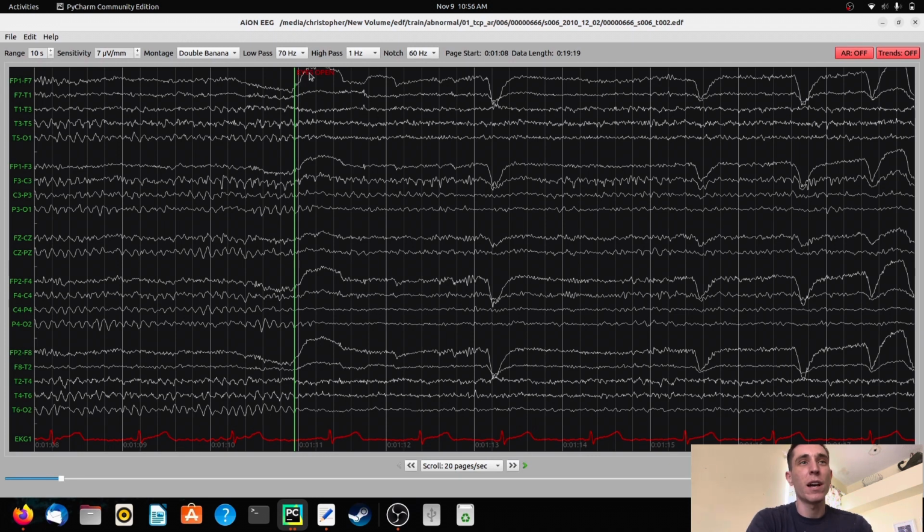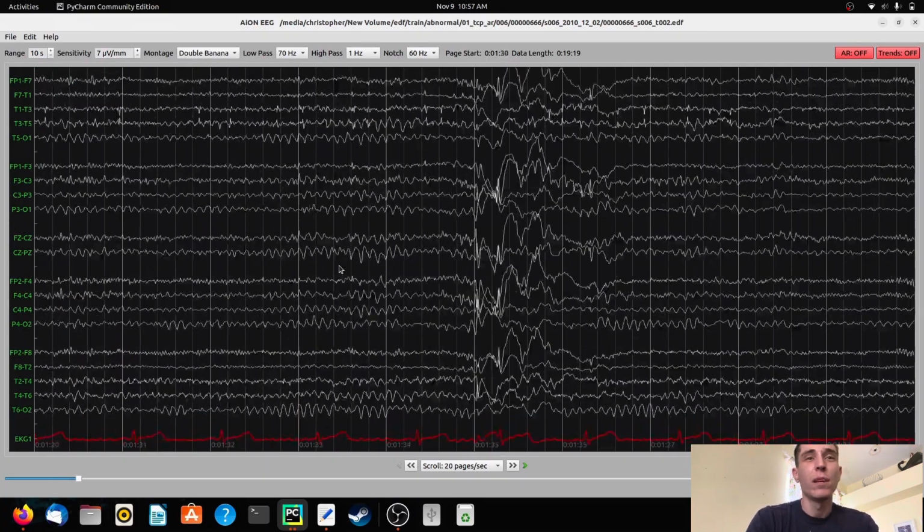When they open their eyes right here, you can see in the frontal leads the little eye movements, and then you can see a blink right here, blink right here, blink right here, blink right here. And while the eyes are open, you can't see the posterior dominant rhythm. Now that shows us that their PDR is reactive, which is a normal finding in an EEG.